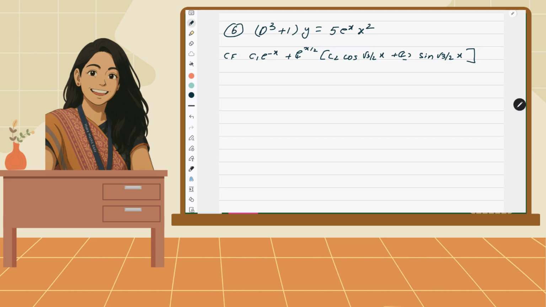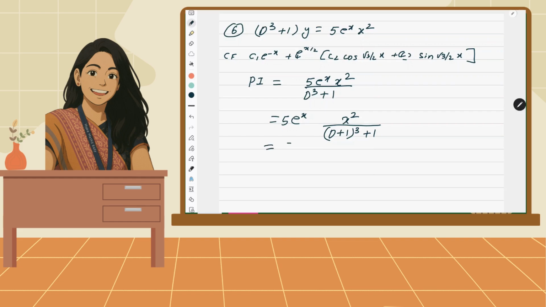Now you have d cube plus 1 y is equal to 5 e to the power x square, right? So now again CF is already written, so go to PI now. So PI will be 5 e to the power x square upon d cube plus 1. Okay. So now it is e to the power x square coming out with constant 5, upon d plus 1 cube plus 1.